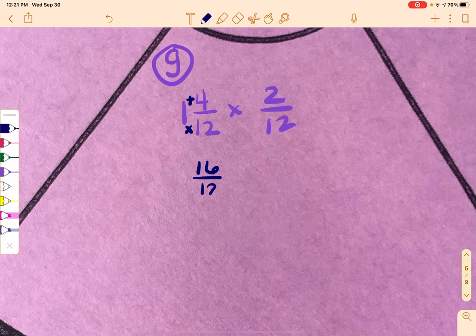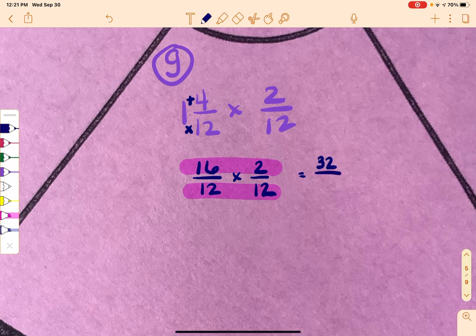So 16 over 12. The second one is already a fraction, so I'm just going to bring that down. Because they're both fractions now, I can go ahead and multiply across. So 16 times 2 is 32. 12 times 12 is 144.